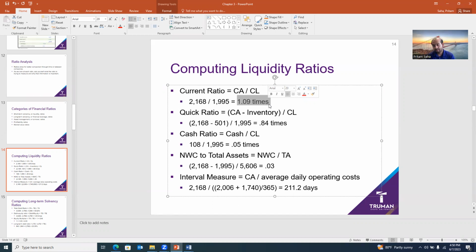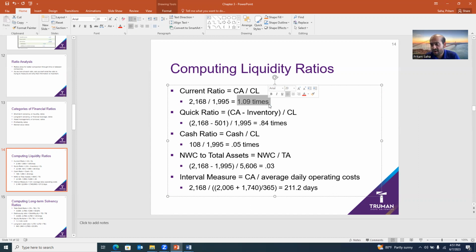Now, one of the problems with current assets is that they include cash, accounts receivable, and inventory. Cash is highly liquid, accounts receivable is okay in terms of liquidity, and inventory could be liquid or illiquid. Let's think about it this way.